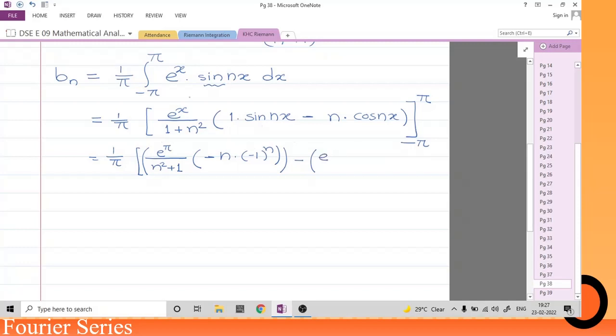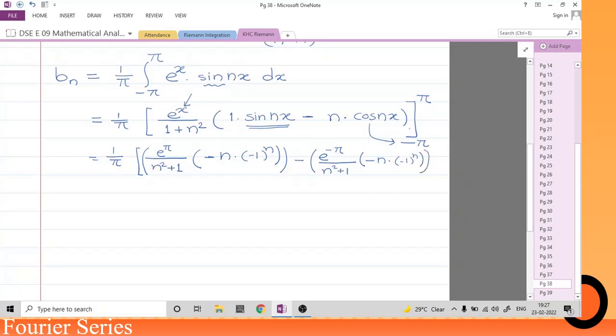Now let us put x is equal to the lower limit, x is equal to minus pi, upon again 1 plus n square, multiplied by, when you put minus pi in this, sine of n pi is 0, so again 0, I will not write 0, minus n into cos of n pi, which is again minus 1 raised to n.